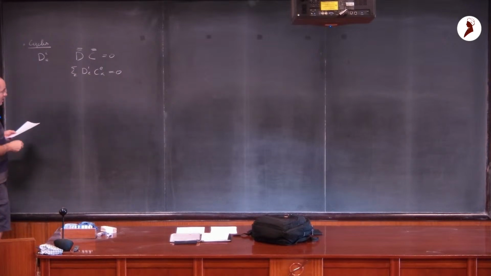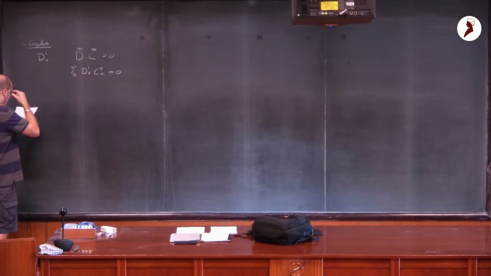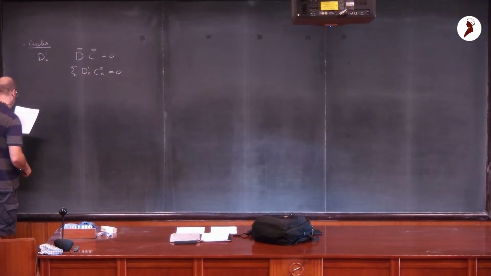Schnackenberg, one of the early formulations of stochastic thermodynamics, without looking into fluctuations but at averages, was done in '76 by Schnackenberg, and he formulated everything in terms of cycles.